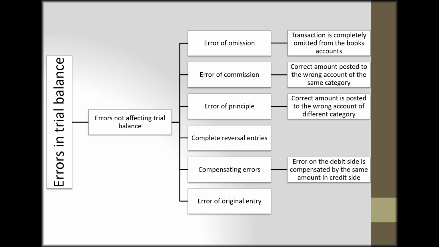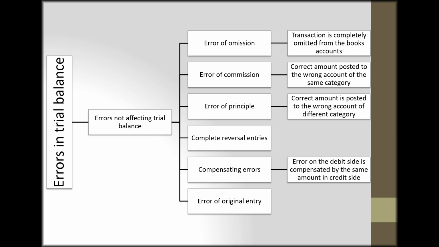The next one is compensating error. This is where the error on the debit side is compensated by the same amount on the credit side. It happened coincidentally. And error of original entry means the error was made starting from the journal entry. You posted from the journal entry to the ledger, and from the ledger you transferred to the trial balance.